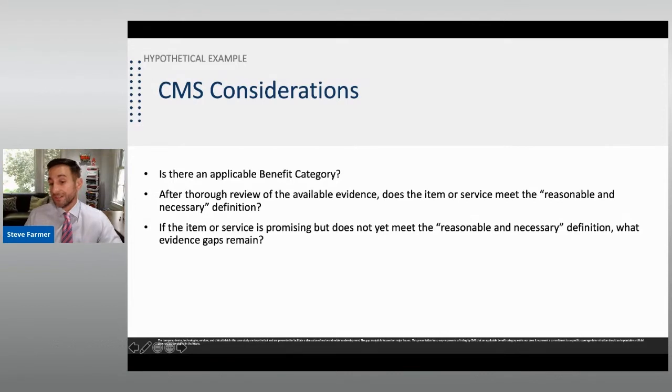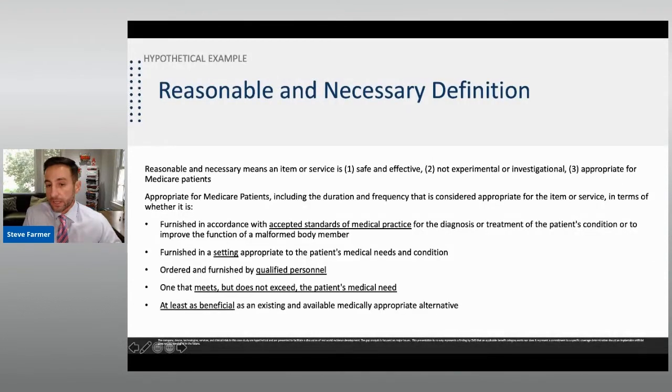For those devices that have promising evidence of benefit but do not yet meet the reasonable and necessary threshold, CMS identifies which evidence gaps remain, and historically, CMS has been able to cover devices in that category through coverage with evidence development as a pathway. I reviewed the reasonable and necessary definition previously, so I'm presenting it here again briefly just for reference and as a refresher.